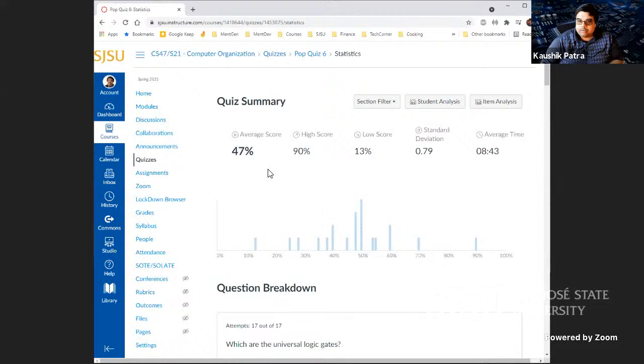Average score is 47%, which is really not good. 50% is about the median. So please pace up your study. I know this is the end stretch of the whole semester, and you have a lot of assignments due for all the different courses, but please make sure you keep the pace up.